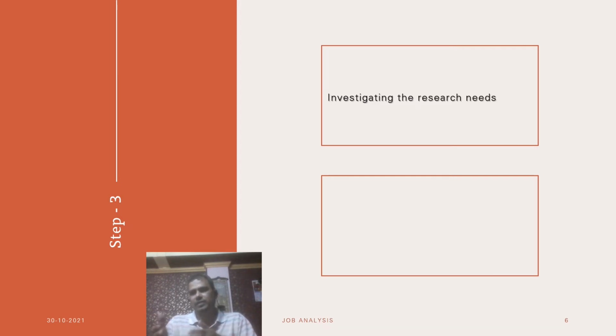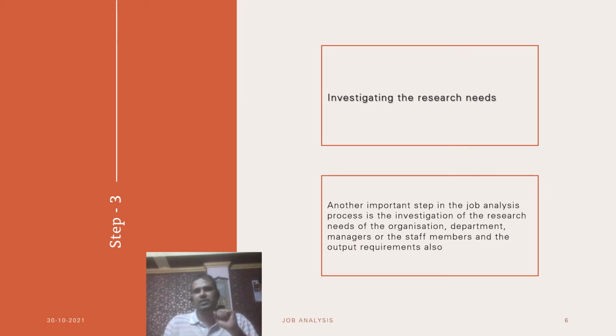If you include planning as the first step, then the third step is about looking into the needs of these stakeholders with regard to a particular job, right? You try to identify those persons' requirements, what they are looking for, what their expectation from the job is, right? What they need from a particular job.